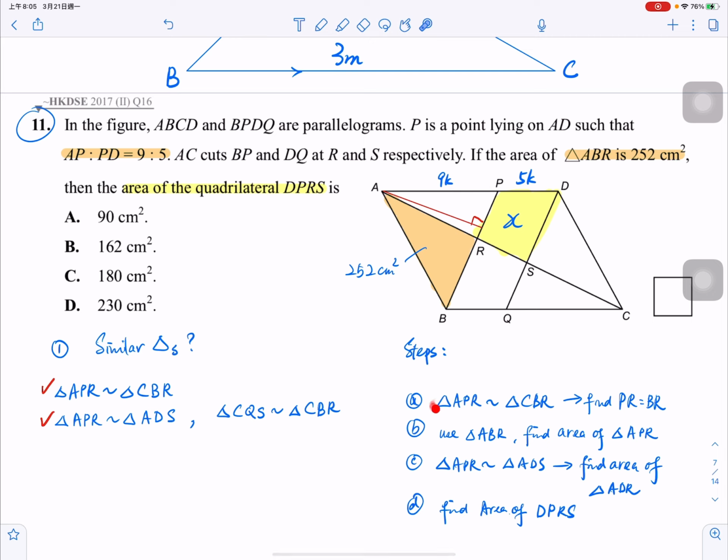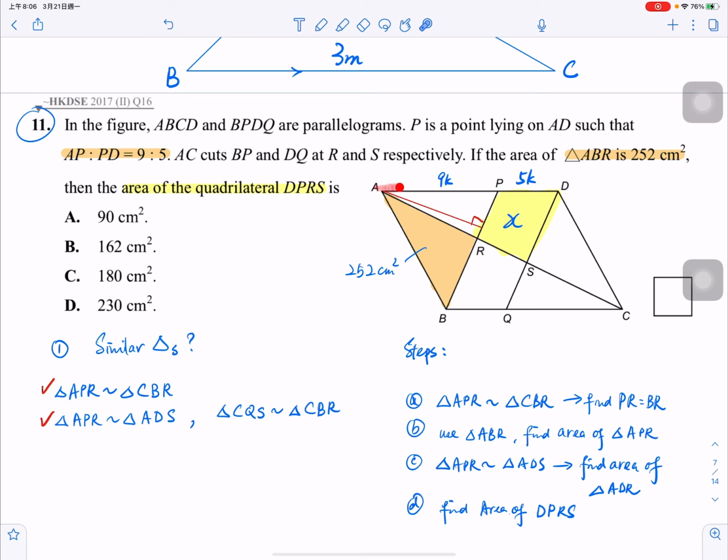If we know the ratio of the corresponding sides of these two similar triangles, then we can solve it. So by using APR and CBR, we can find PR to BR. Using ABR, that means 252, we can find the area of APR, because they have the same height here. So we can use these two ratios to find the area.